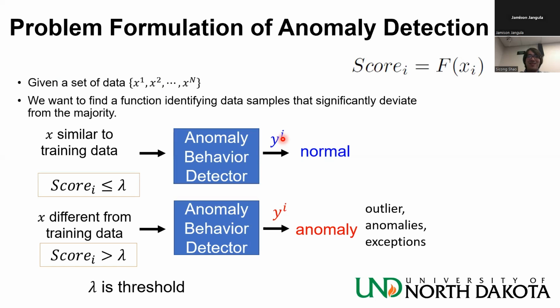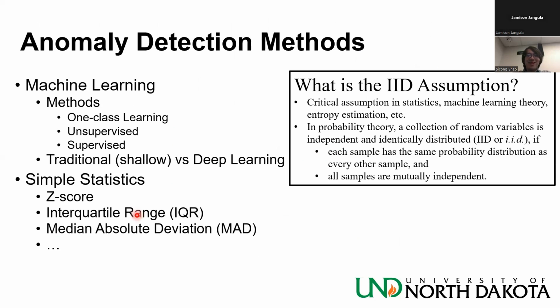And of course, we need to find a threshold. Anomaly detection can mainly be divided into machine learning based approaches and some simple statistical based approaches. But most anomaly detection algorithms, especially the state-of-the-art ones, are machine learning based.